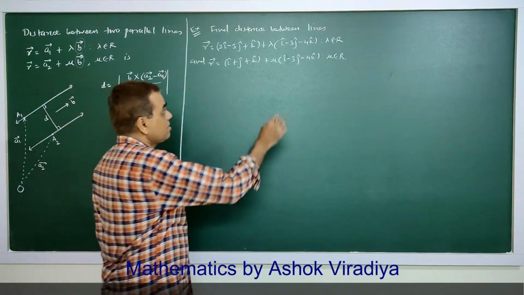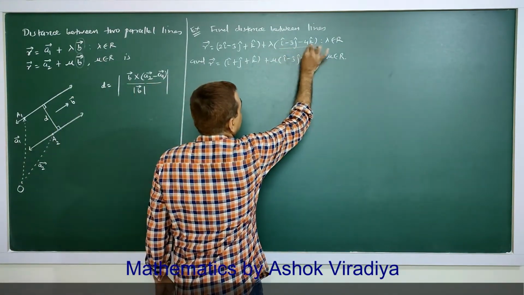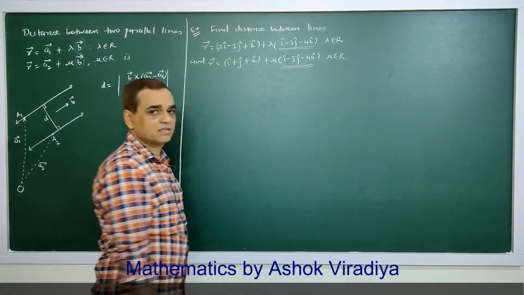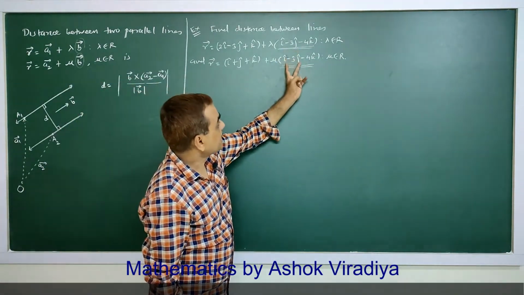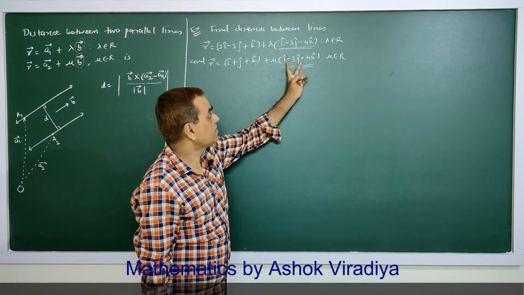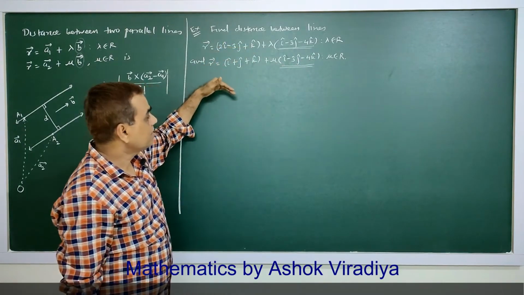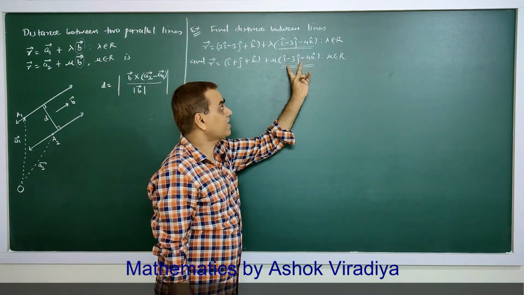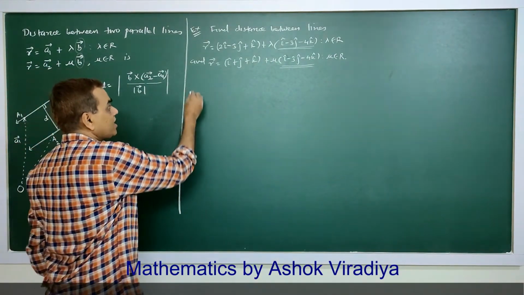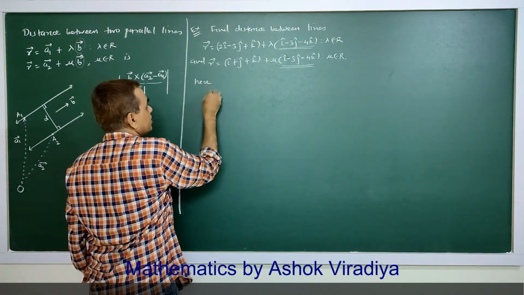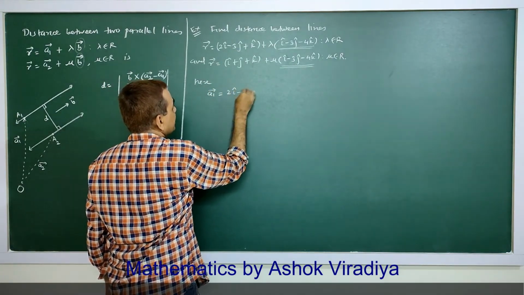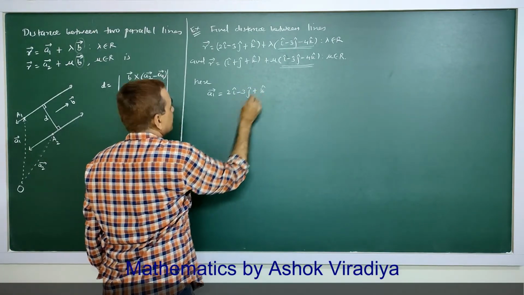Here, observe the vectors showing the direction of the lines. These vectors are the same. Both lines are parallel to the same vector, so these are parallel lines. So the given lines are parallel. Here, this is vector A1, 2i minus 3j plus k.